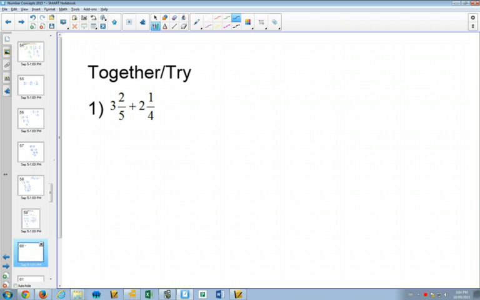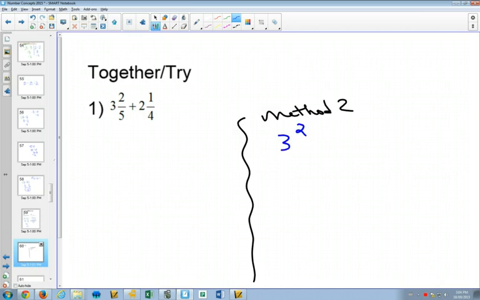So we'll write here, I'll split the page in half. He's going to do method 2 over there. First you have the 3 and the 2 over 5 plus 2 and 1 over 4. Then you add the 3 and the 2, which is 5.